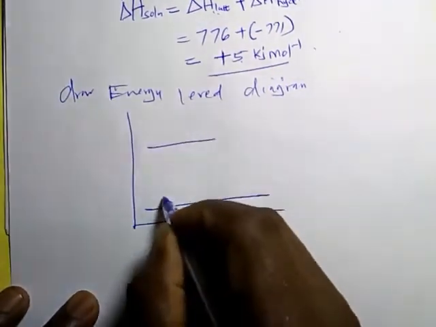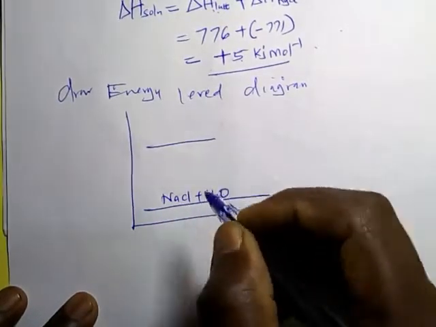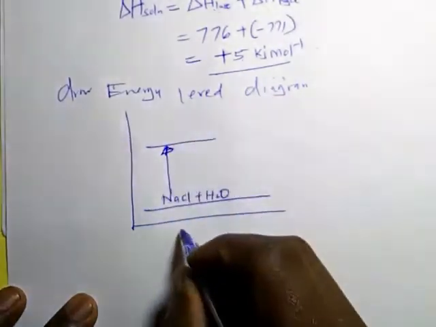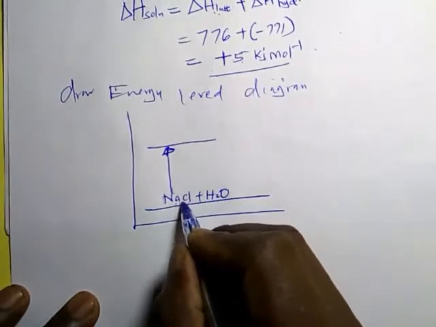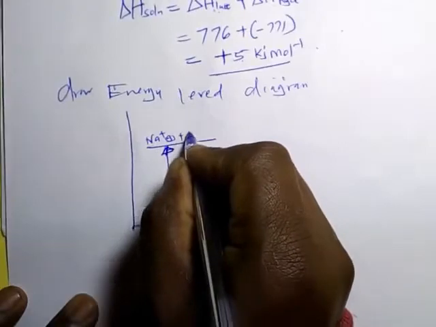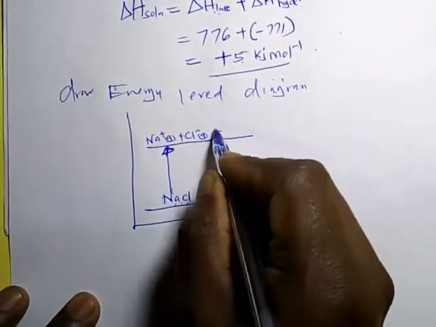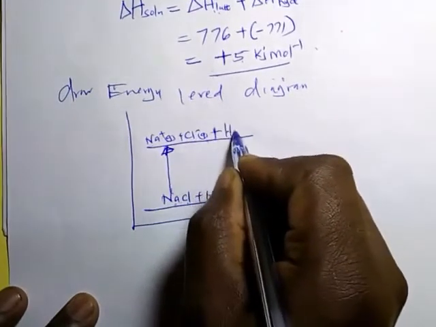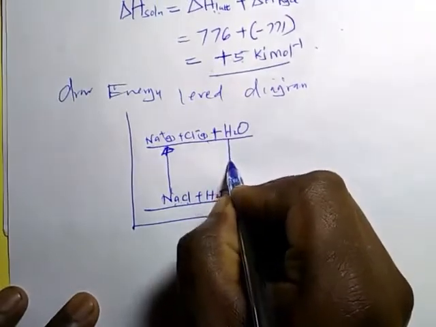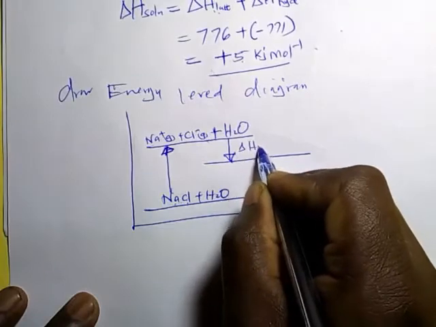Sodium chloride will dissolve in water, and first the bonds in the sodium chloride will be broken to form gaseous sodium ions plus gaseous chloride ions. These ions are then in water, and then we have hydration, the enthalpy of hydration.